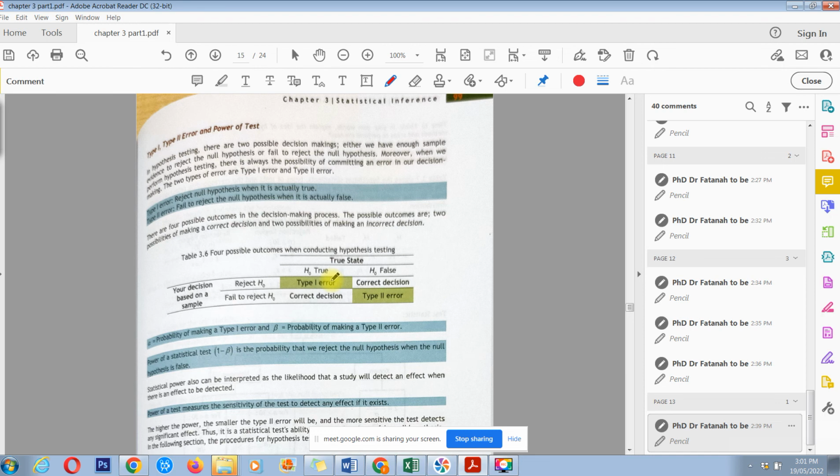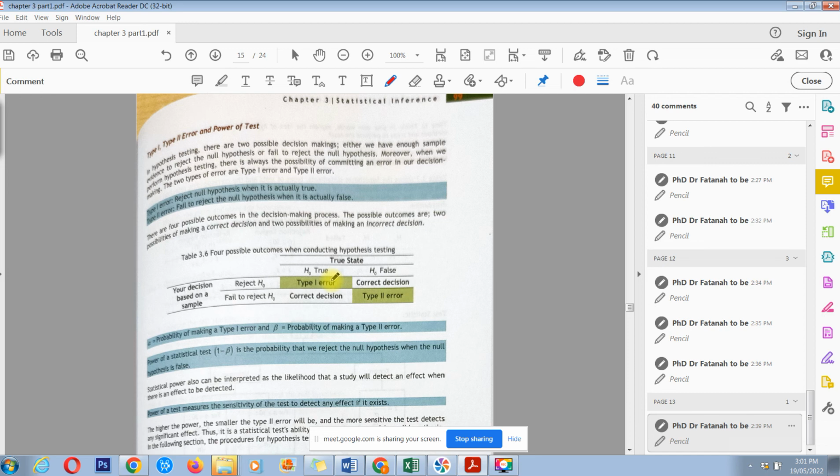From your data analysis and testing analysis, you see the figure that comes out and you conclude that we reject H0, but actually H0 is true. So we call it a type 1 error.